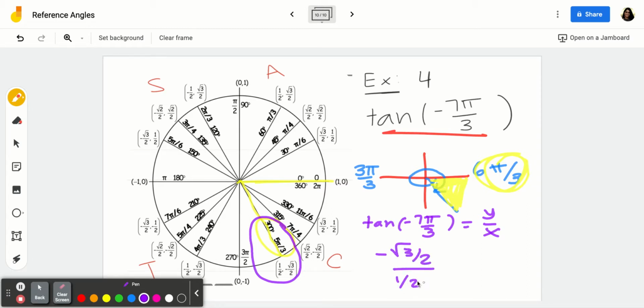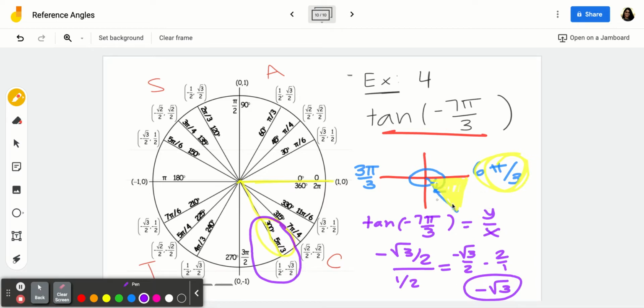I need to flip the second fraction and multiply. So take the first fraction, negative square root of 3 over 2, multiply by the second fraction flipped over. The 2's cancel. Negative square root of 3 is my final answer.